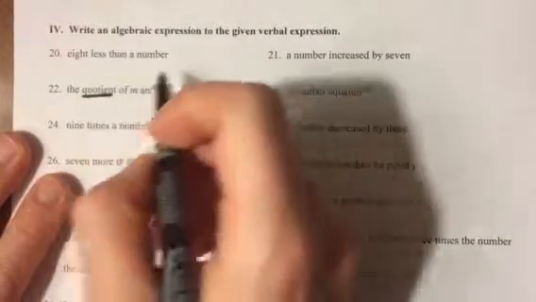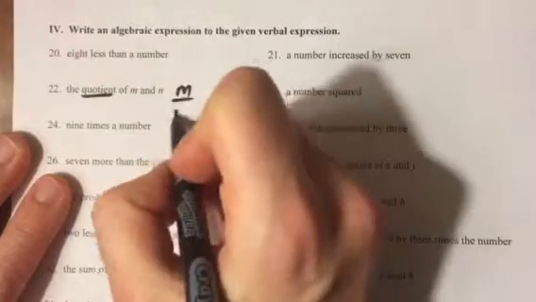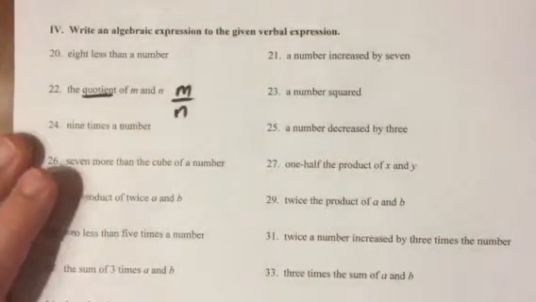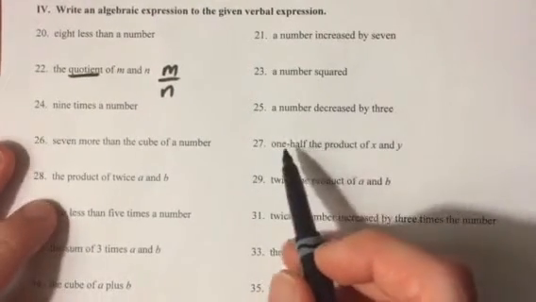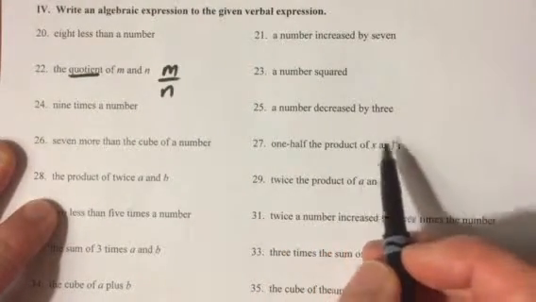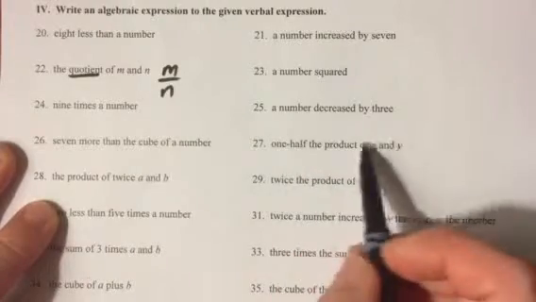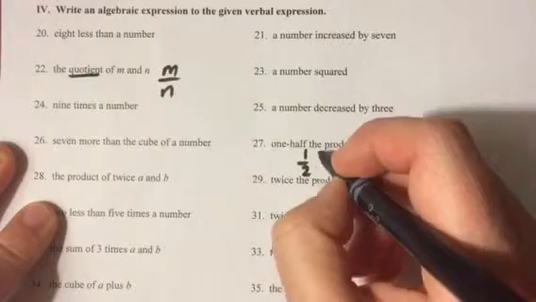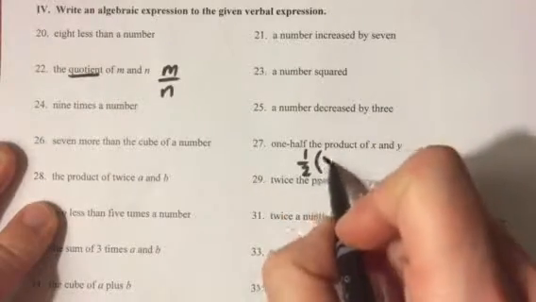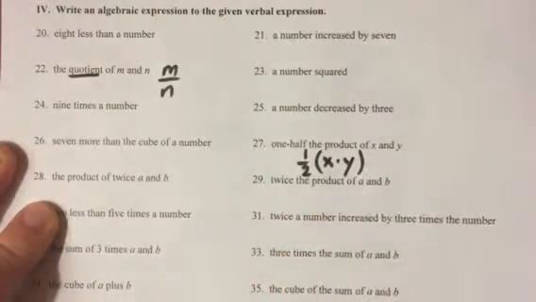And when you say quotient, it means keep the order. So m divided by n. Here, 1/2 the product of x and y. So we say there's 2 things going on here, but we're taking 1/2 of something, and that's the product of x and y.